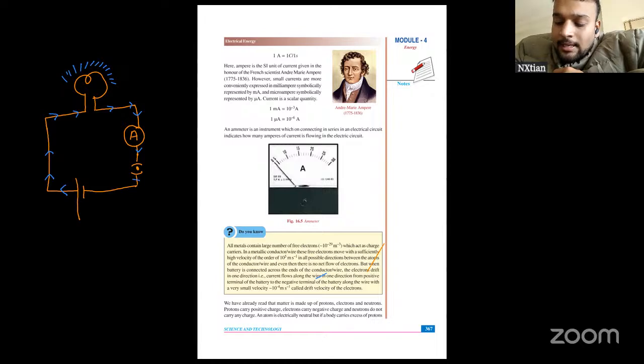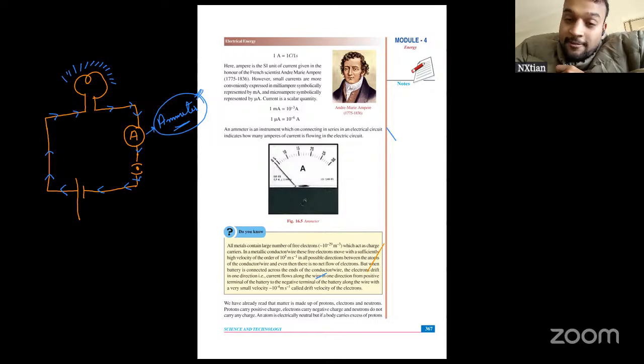What is this A? This A is basically called an ammeter, which is a device.